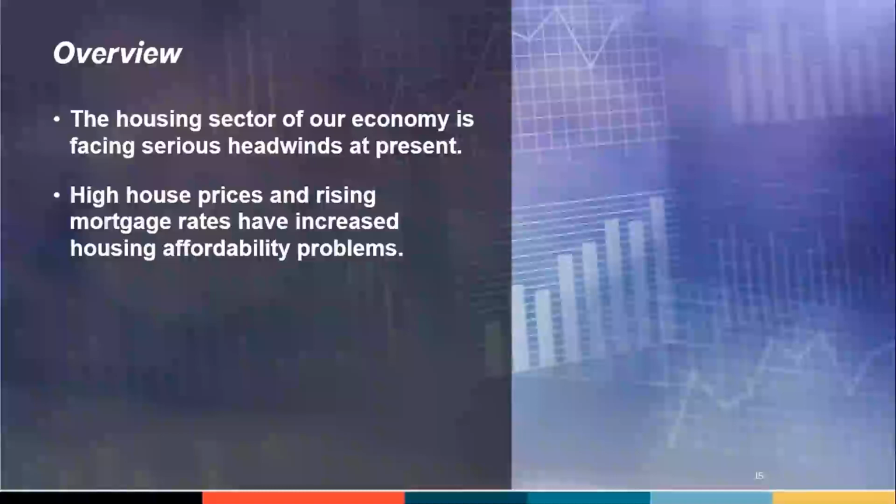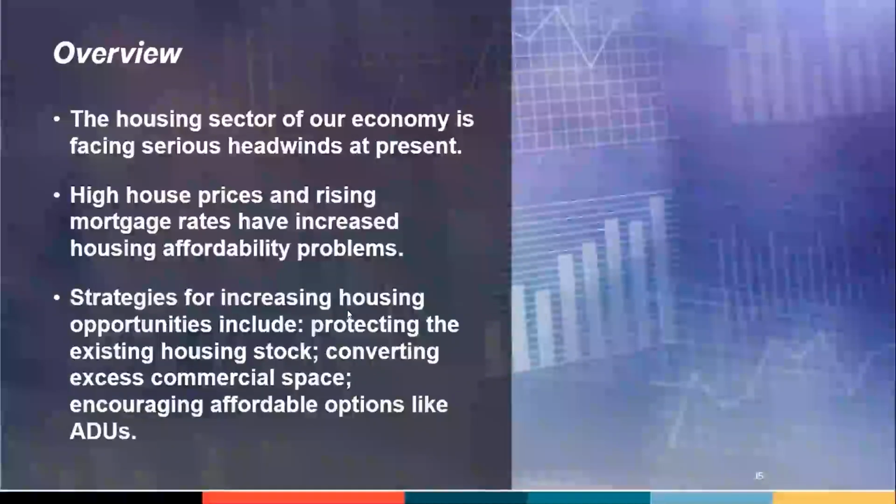High housing prices have continued to affect affordability for households. And then, as I mentioned, mortgage rates have gone up considerably as well, which makes housing affordability a problem, which starts to constrict household spending opportunities, savings, and all sorts of things that then have ripple effects on our economy. So some of the strategies for housing, which we're seeing as opportunities, are protecting existing housing stock.